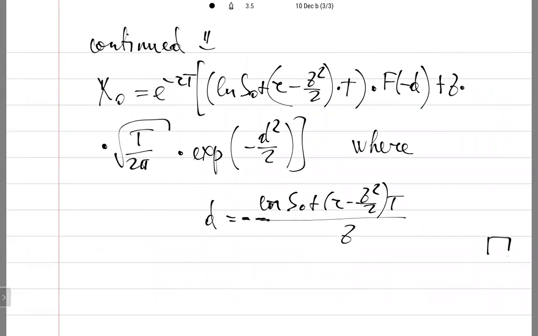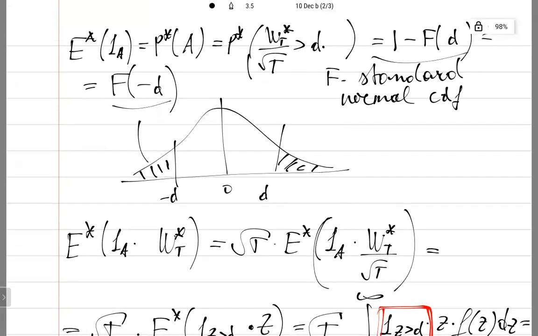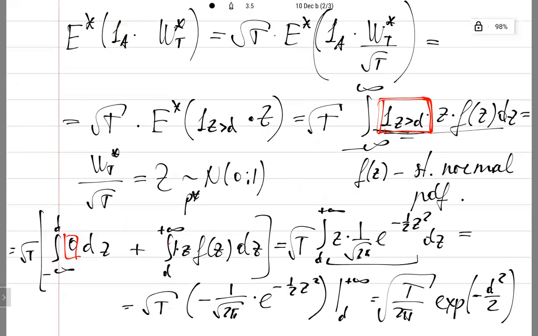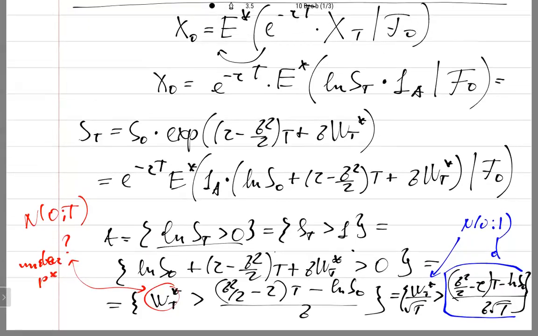Okay, so we have a final answer. There was square root of t in the denominator, I believe. Divide by square root of t. The whole expression should be divided by square root of t. Yeah, you're right.